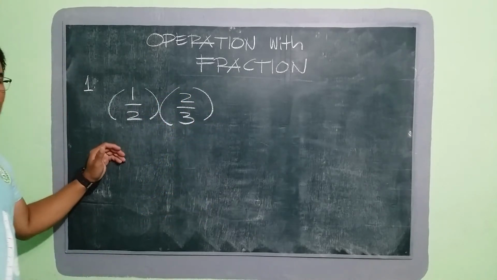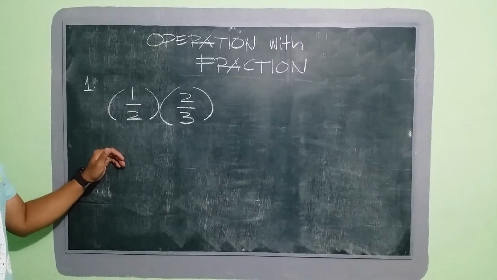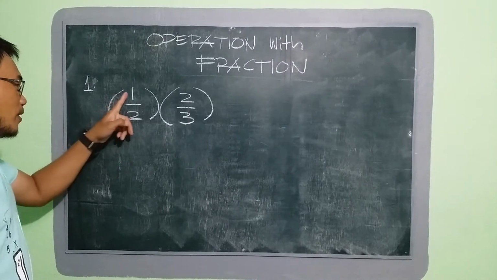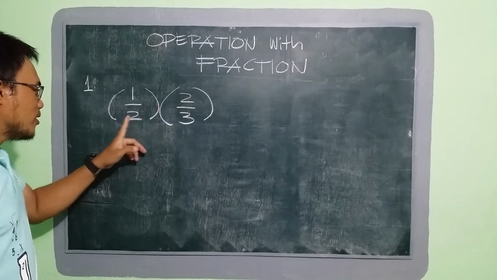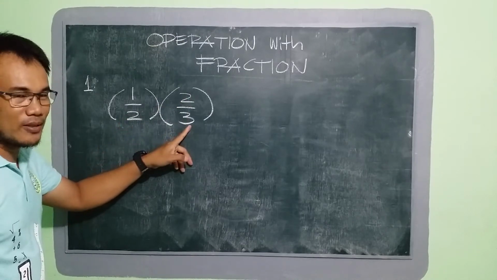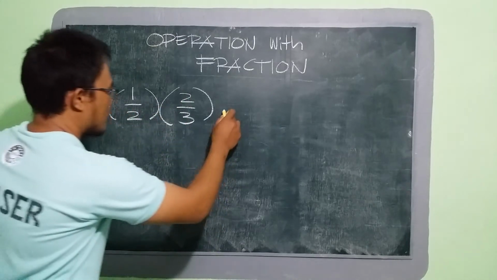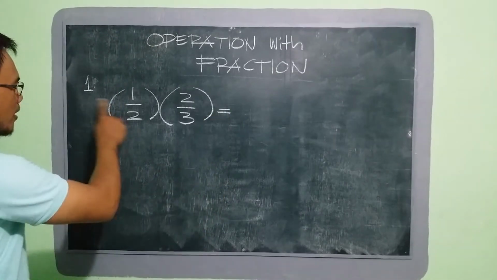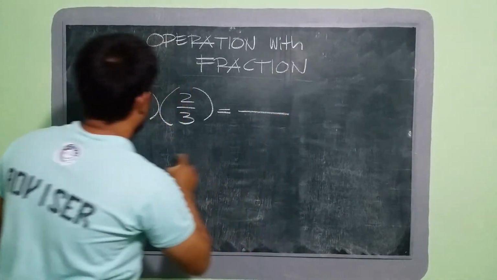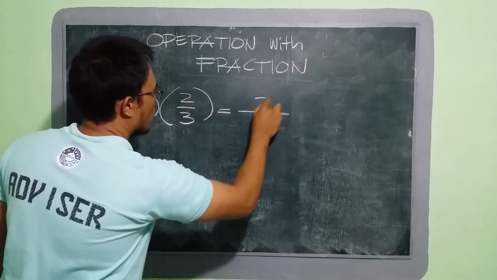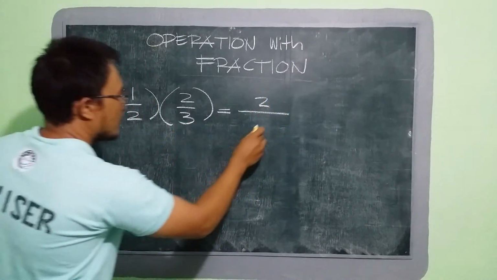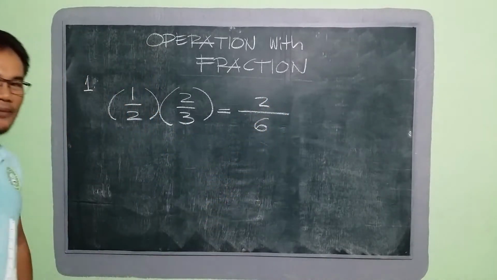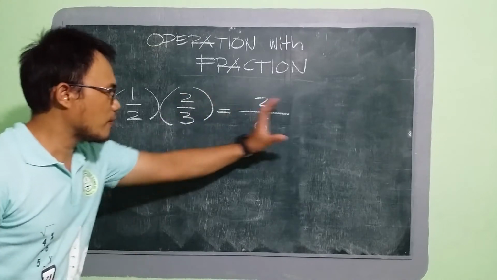In multiplying fractions, it is very easy because you just multiply the numerators and you also multiply the denominators. That's it. Very simple. So, in this case, 1 times 2 is 2. 2 times 3 is 6. Then we simplify.